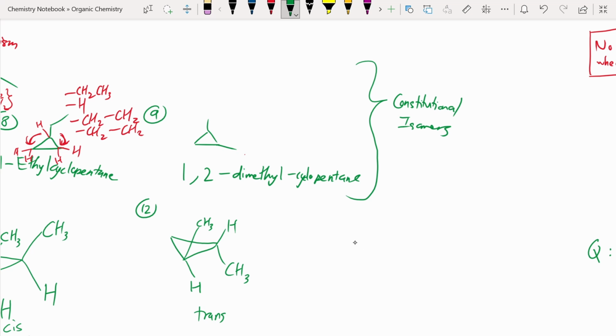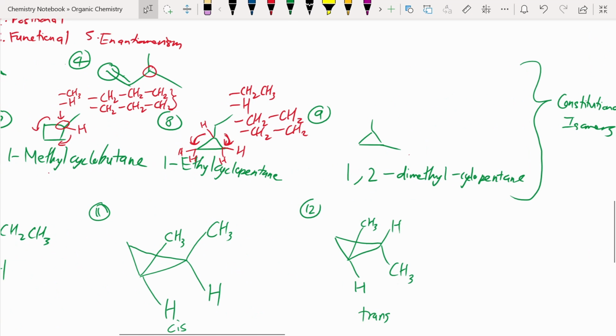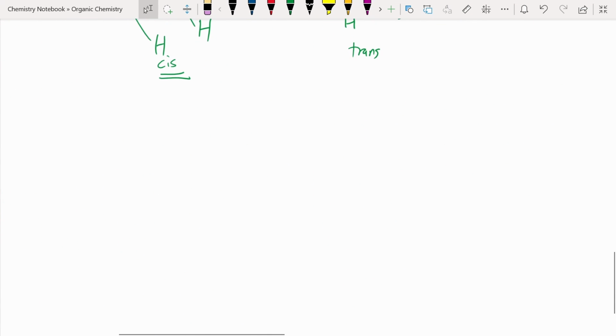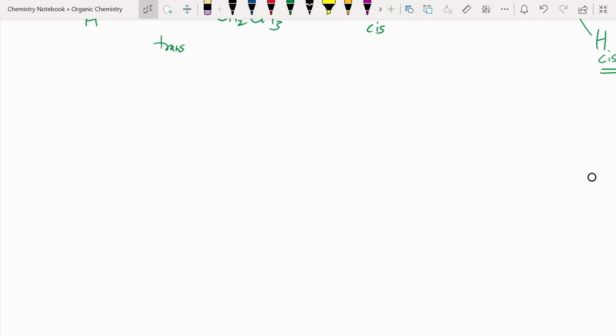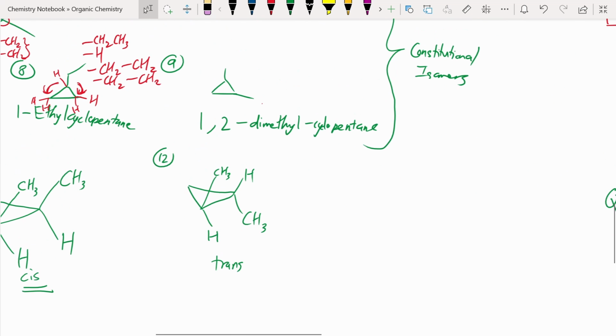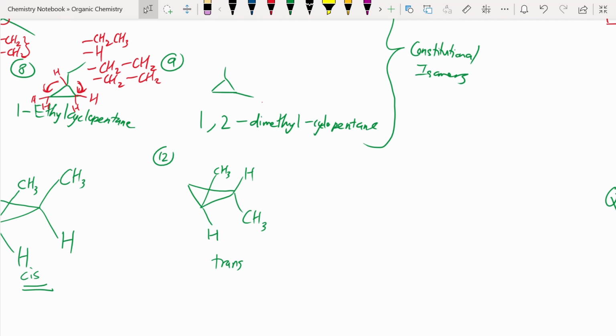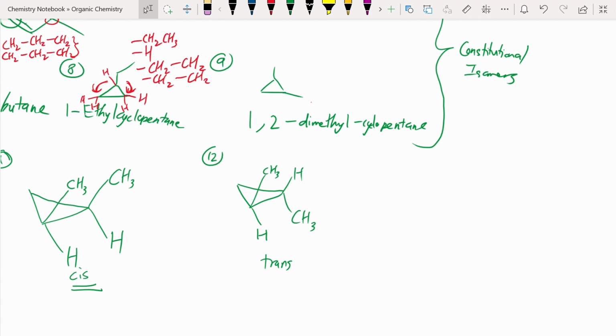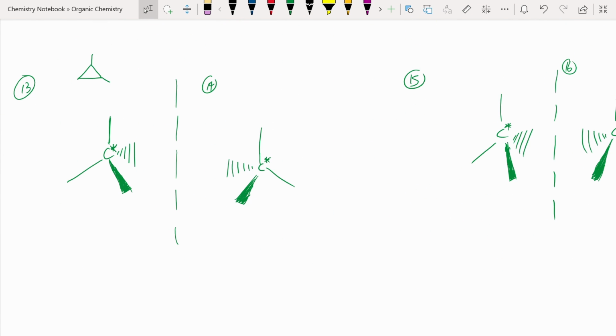So in this case, we can draw out the enantiomers for 9, and I will draw it right here, since there's 2 of them. Okay, let's take a look at this isomer.